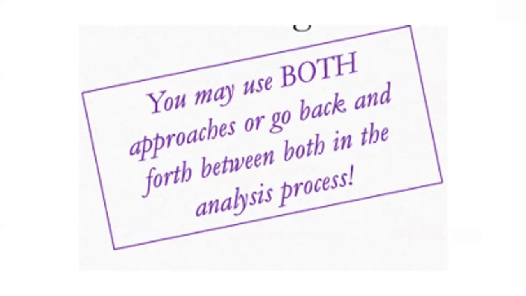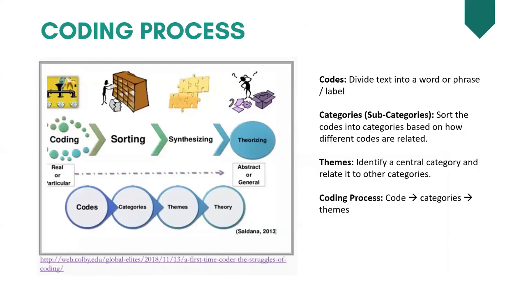I'm going to go back and see if I can find sentences or phrases or words that are going to fit into those categories as I progress. So it's not fixed as inductive or deductive only. It's about finding what works for you, finding what works for your data.